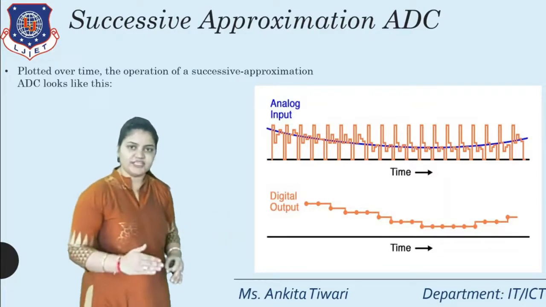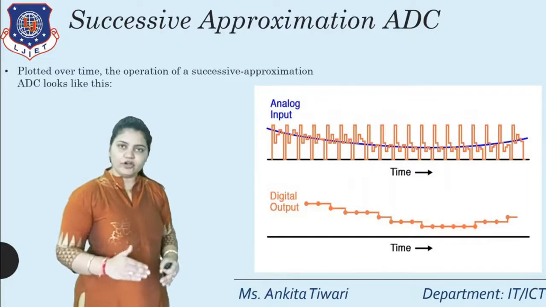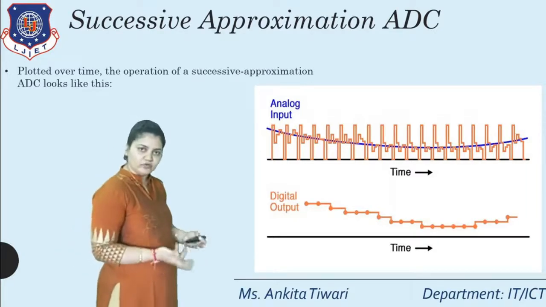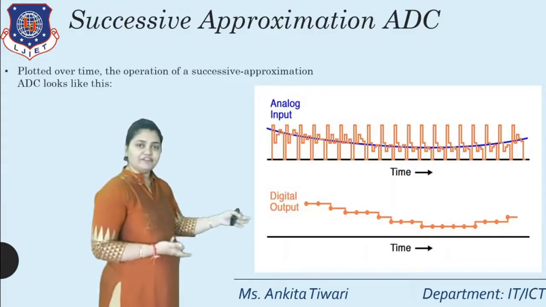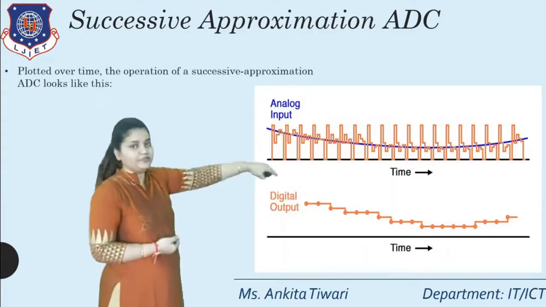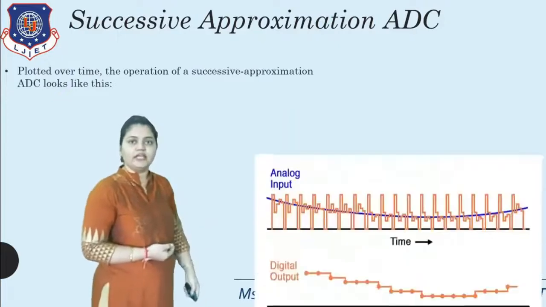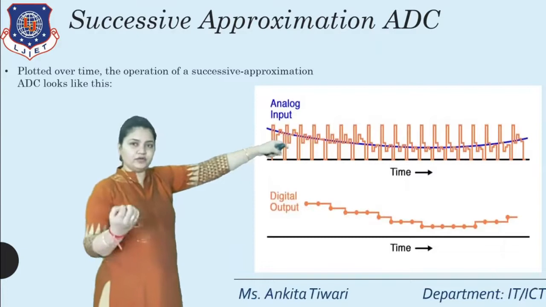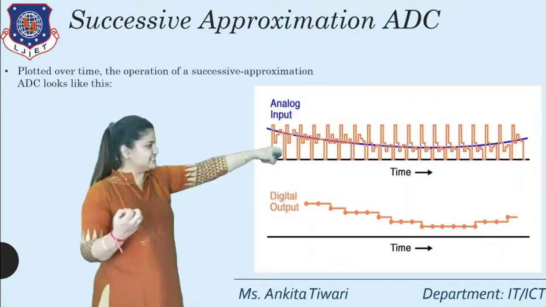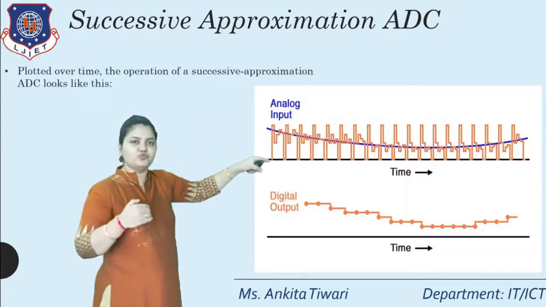If I'm taking a flash ADC, dual slope, or successive approximation, the output will be digital only. But you have to see the difference in the input which is provided. The input, as you can see here, is zigzag. The waveforms are not smooth.